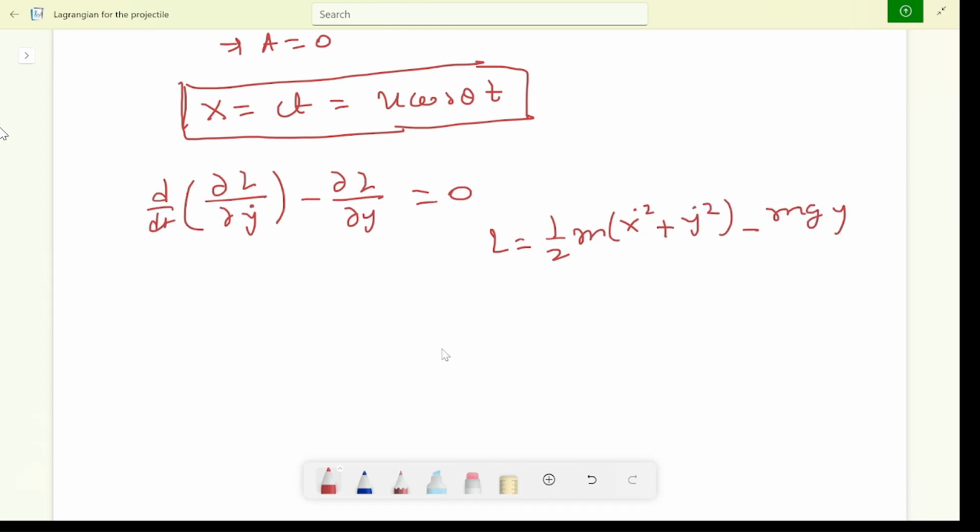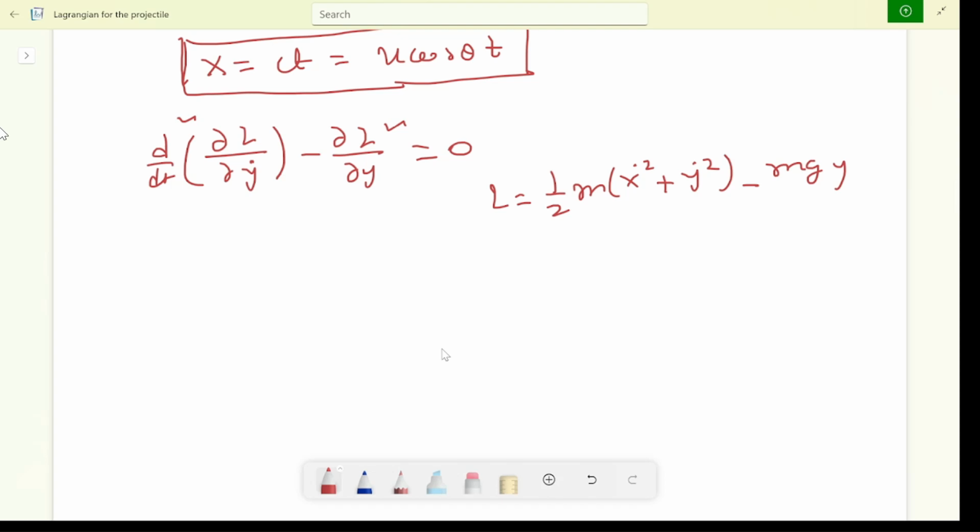In the Lagrangian, we have a y term and we have a y dot term. So let us first calculate the derivative with respect to y. This is just going to be minus mg. Now let us calculate this derivative dL by dy dot. This term would vanish.